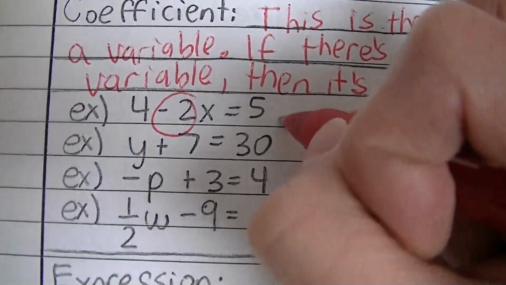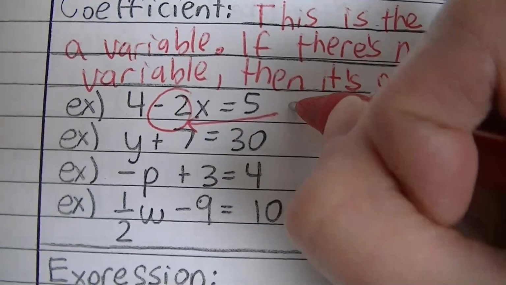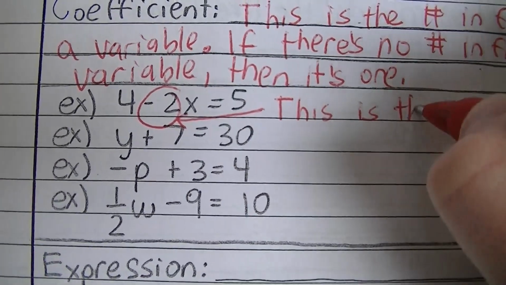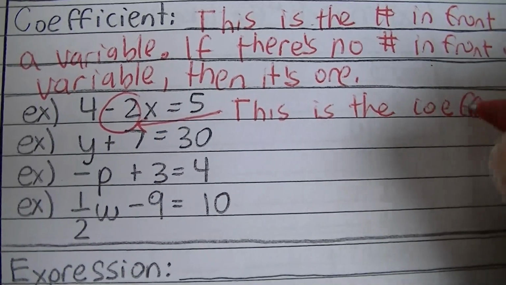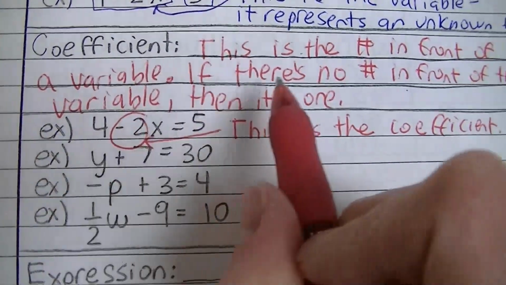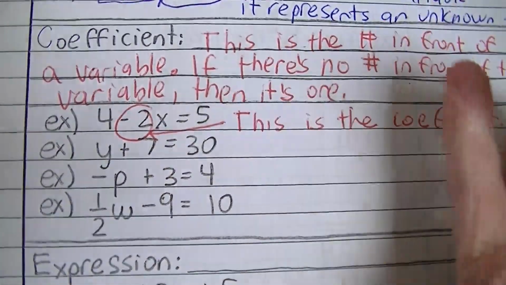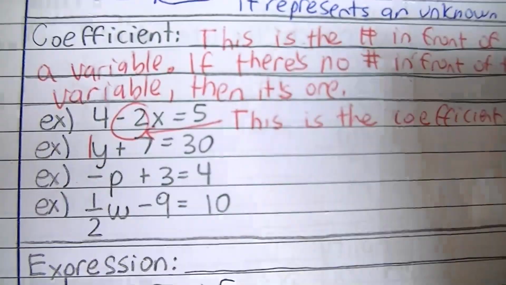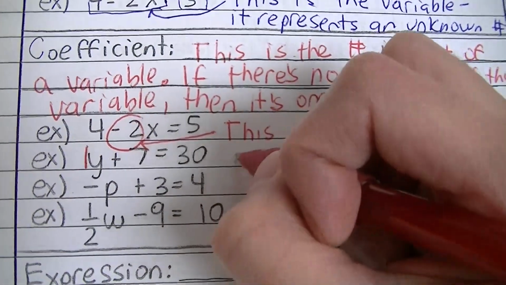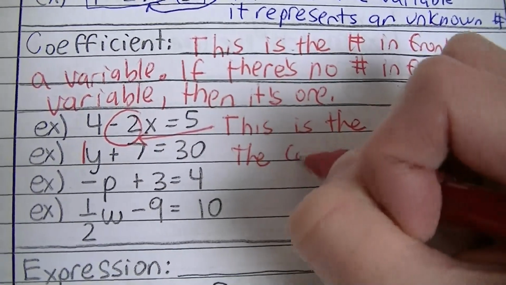Right there, that minus 2, or I could say negative 2, is the coefficient. Like I just said, if there's no number in front of the variable, then the coefficient is 1.